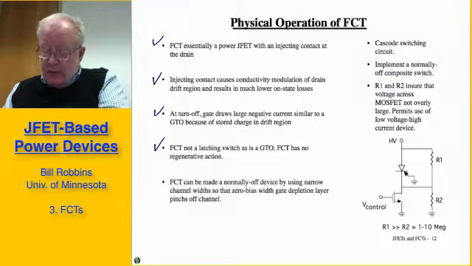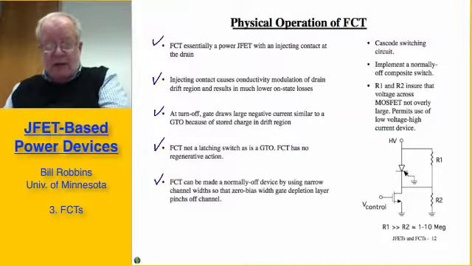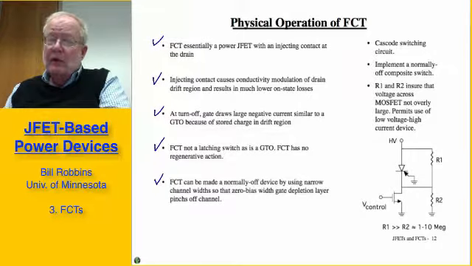Although it's possible to make a normally off device, it isn't going to probably be practical in the near future, at least, because it requires narrow channel width, and the zero bias gate depletion layer has to pinch off the channel, and having a narrower channel width means probably higher on-state losses.